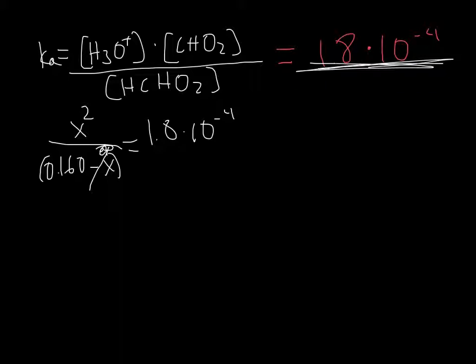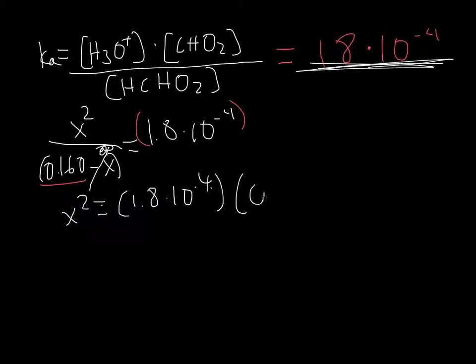We multiply 0.160 by this value over here. So we get X squared equals 1.8 times 10 to the minus 4 multiplied by 0.160.